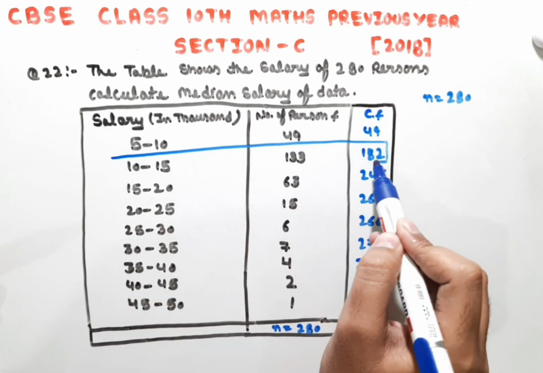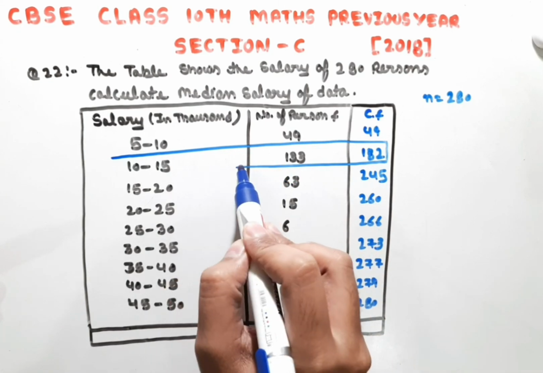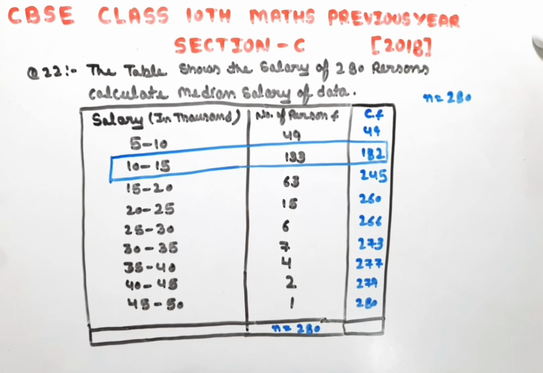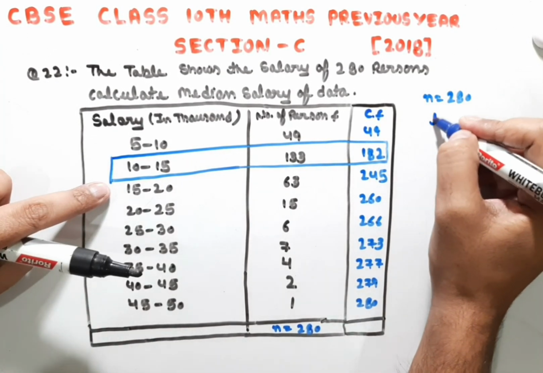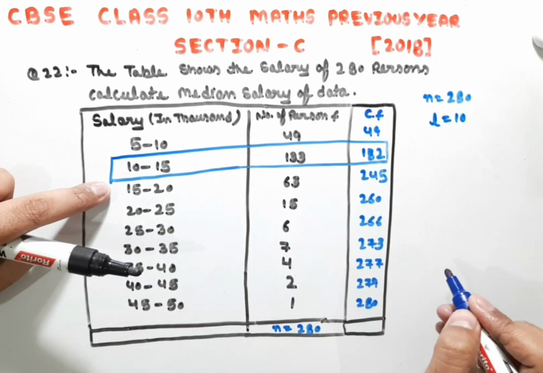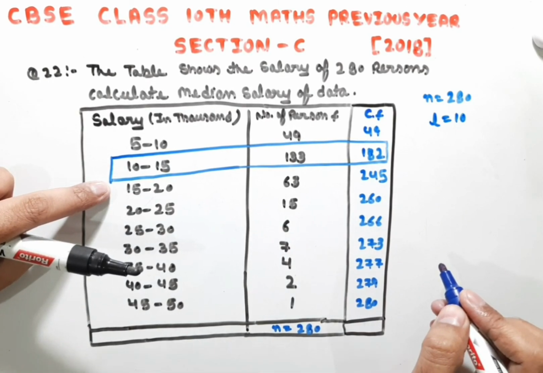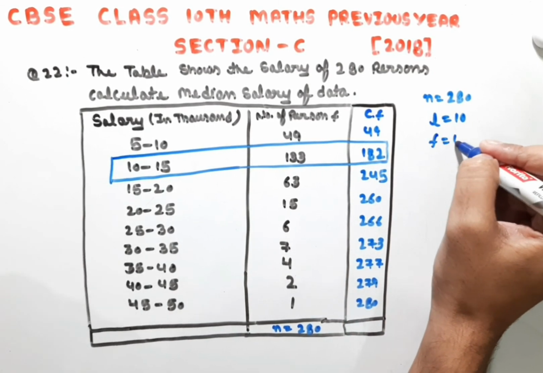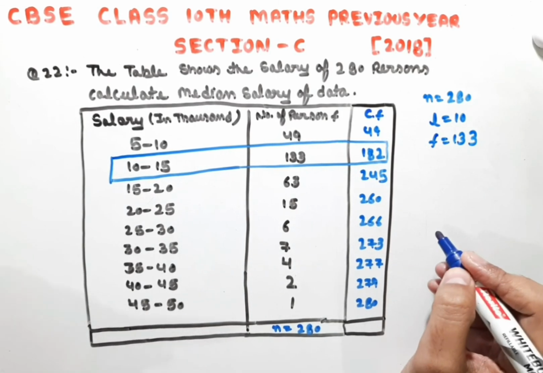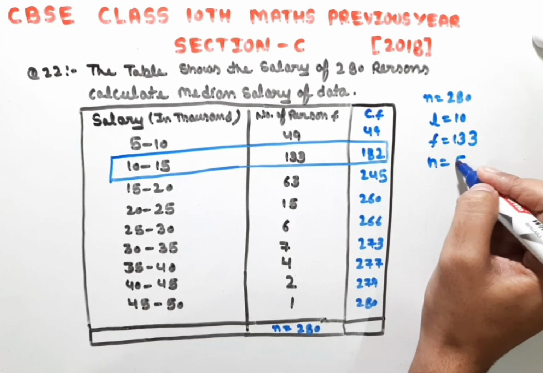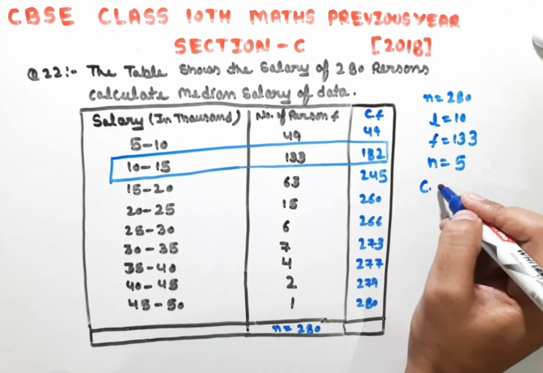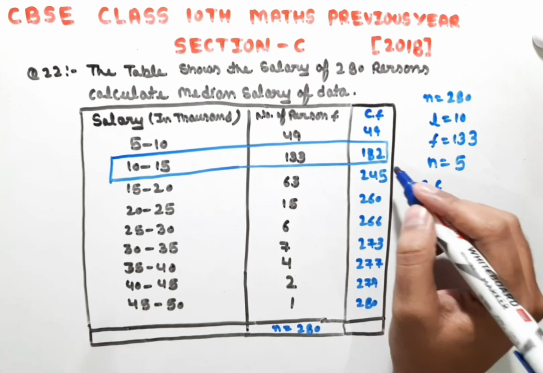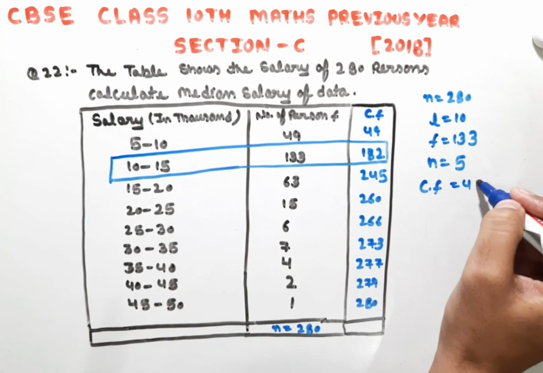So, lower limit of median class l, that is 10. Then frequency of median class f, that is 133. And class size h, that is 5. Now cumulative frequency of class preceding median class, that is 49.